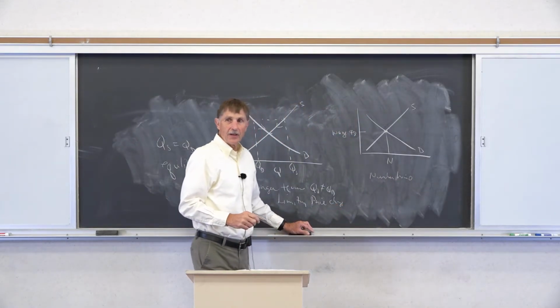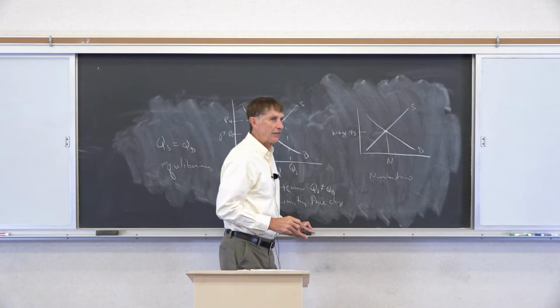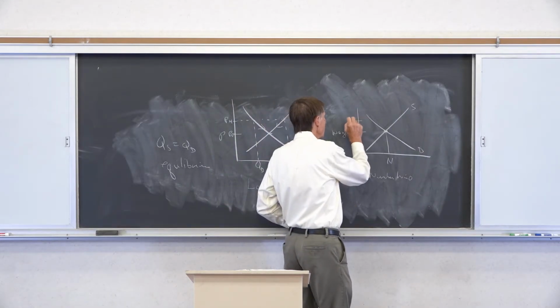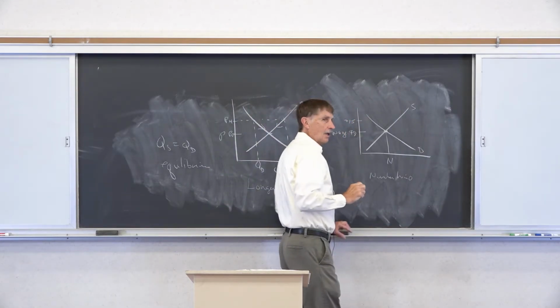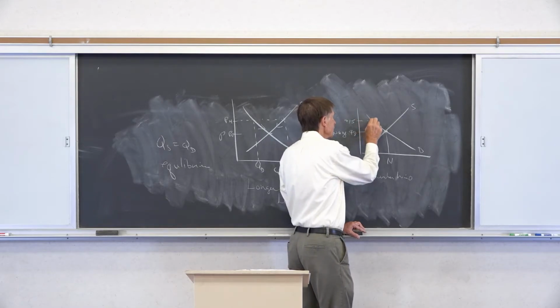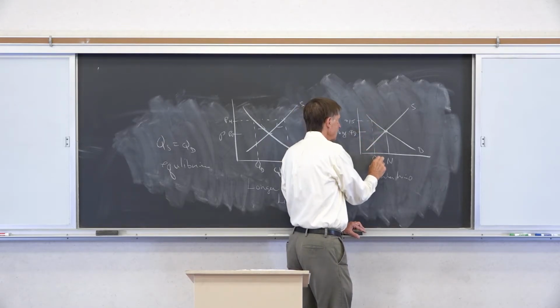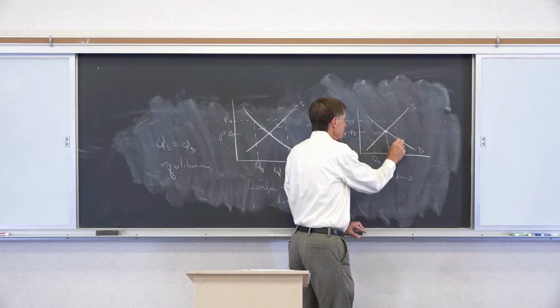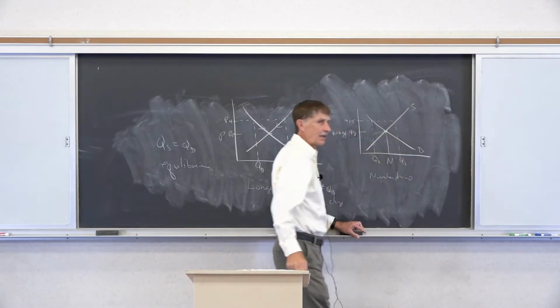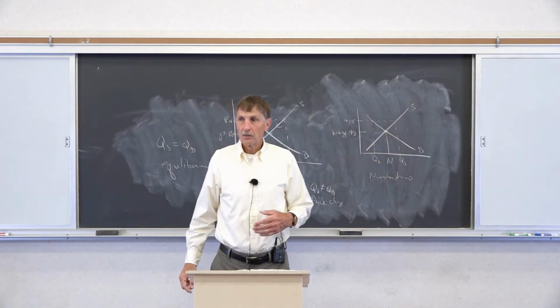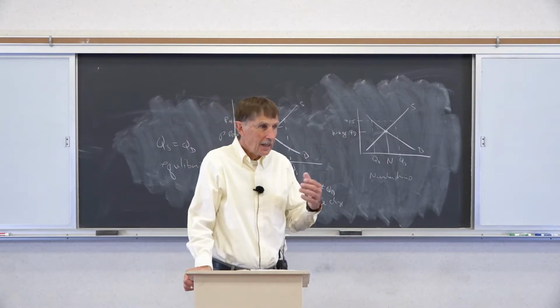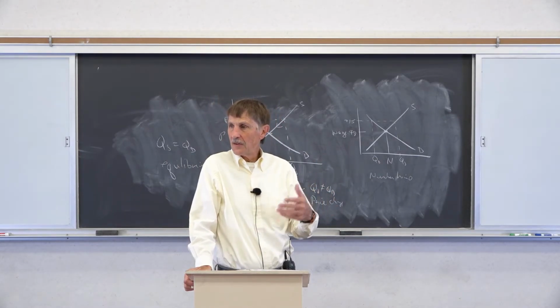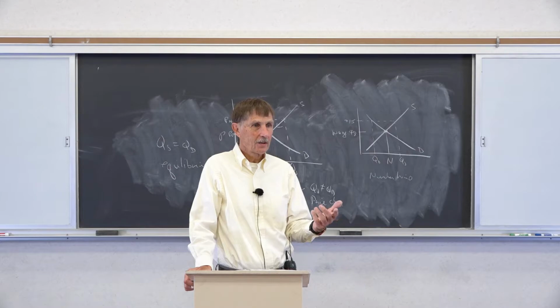Well, if what I do is I set the price above that and I make it $15 an hour, what's going to happen? The quantity demanded of labor is going to be here, and the quantity supplied of labor is going to be there. Now, recall that I can't pay somebody more than the value of their added product, or I'll go out of business.